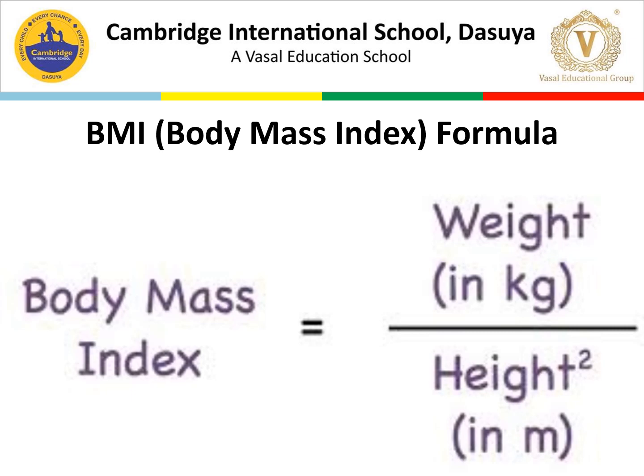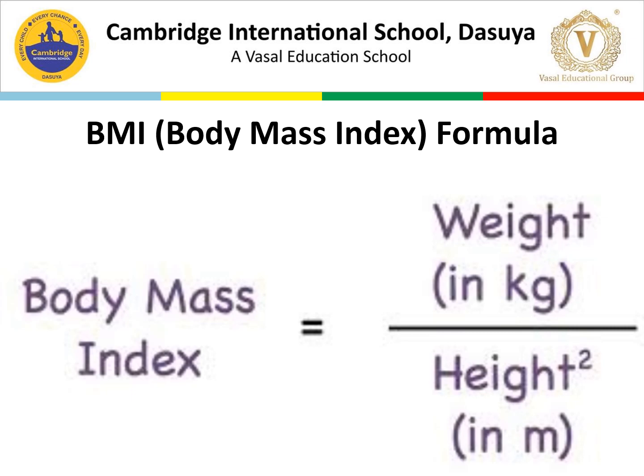There is a formula called the body mass index formula. Body mass index is always equal to weight, which we take in kg, divided by height in meter square. So height we are going to take twice, also in meters. This is the formula for calculating the BMI.